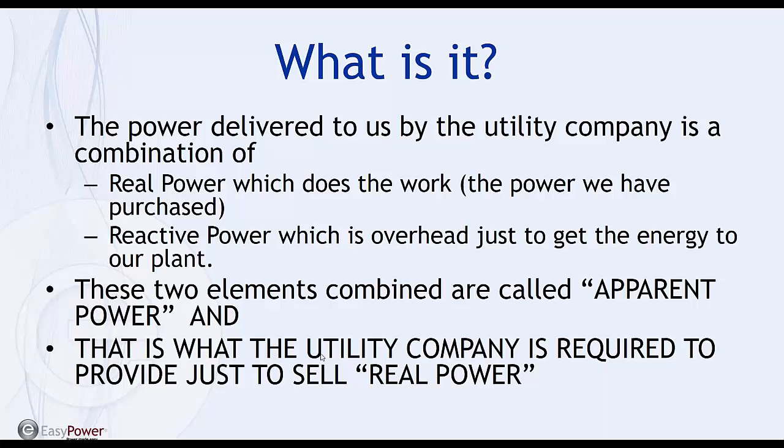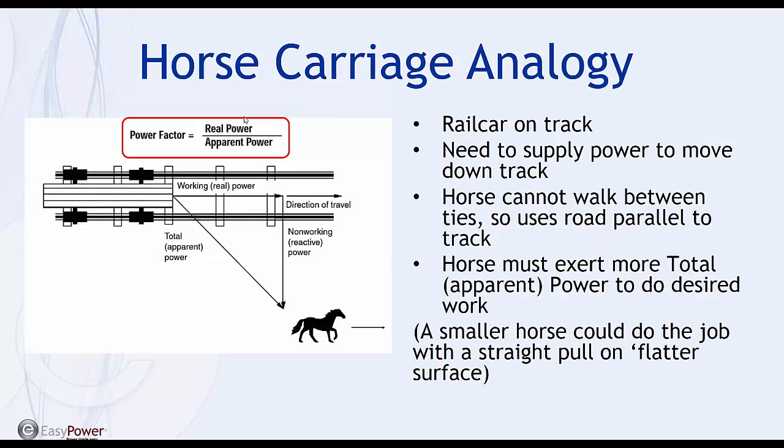Another way to look at this, an analogy that you'll find some people describe on the website, is a horse carriage analogy. If we have a railroad car mounted on rails and we want to move it down the railroad track, but because the ties are an uneven surface, a horse can't pull us in line with the rails. The horse has to pull on a parallel roadway.